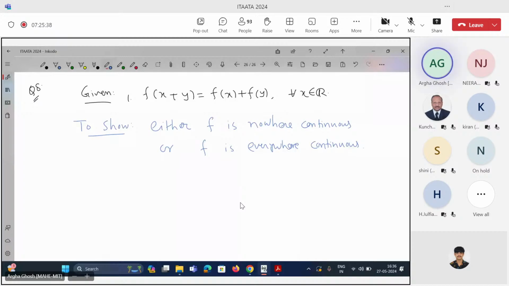So what you have to show, if you are planning to use question number 7, is that limit h tends to 0, f of x plus h equals f of x.